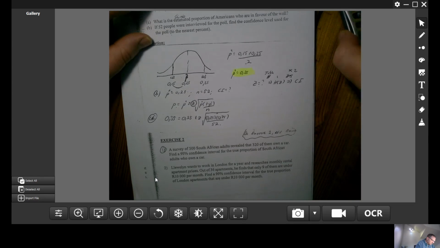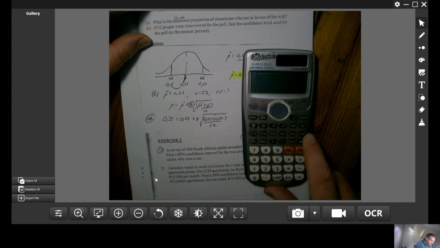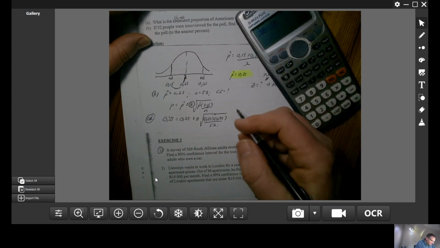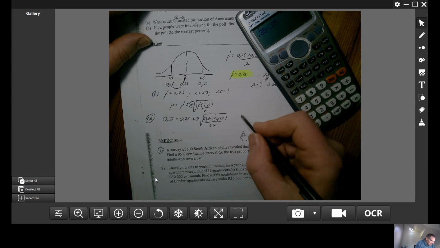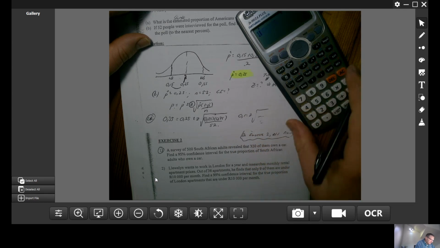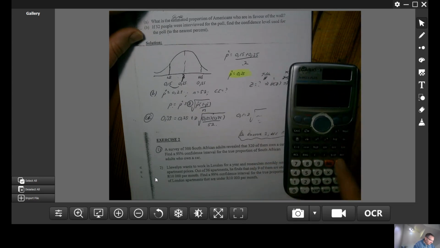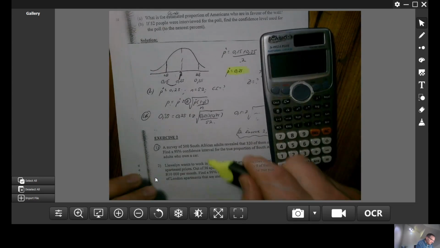Let's try doing this on my calculator one step at a time. You go 0.35 minus 0.25, which is 0.1. Then 0.1 is equal to Z times this whole mess, so you've got to get rid of that whole mess. You go 0.1 divided by this bit over here.